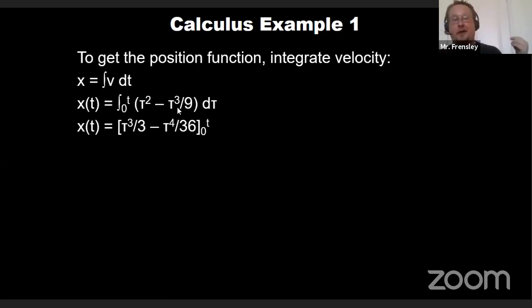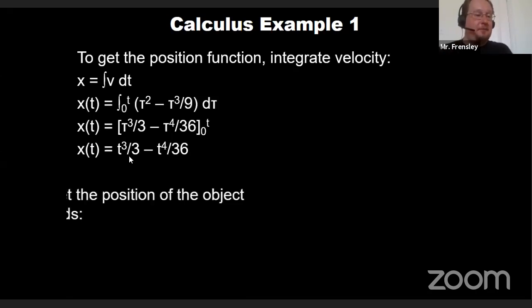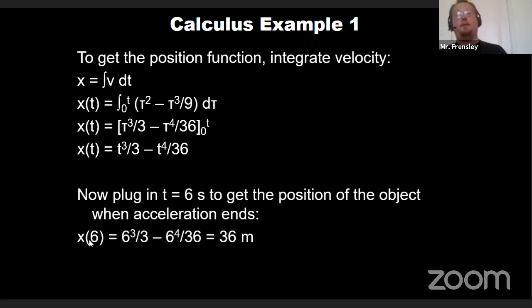T cubed integrated is t to the 4th over 36. Remember, raise up the power, divide by the new power, right? So plug in 0, you don't get anything, plug in t, and you get exactly that function. That's the position as a function of time. So then what am I going to do? I'm going to plug in time equals 6. When I plug in time equals 6, I get 36 meters.